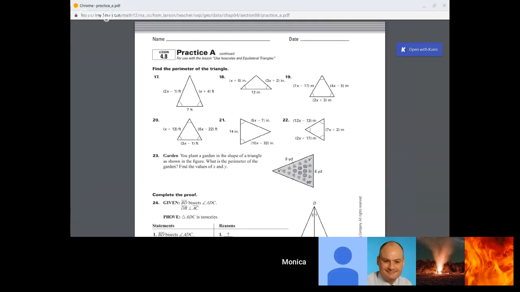So if you set 2x minus 1 equal to x plus 4, you can solve for x. Then plug x into 2x minus 1 and x plus 4 so that you can see what those lengths are. And then you'll add those two plus 7 to get the whole perimeter of that triangle.